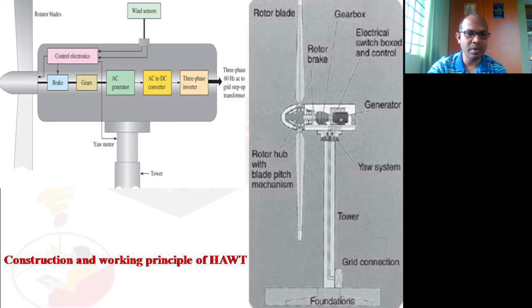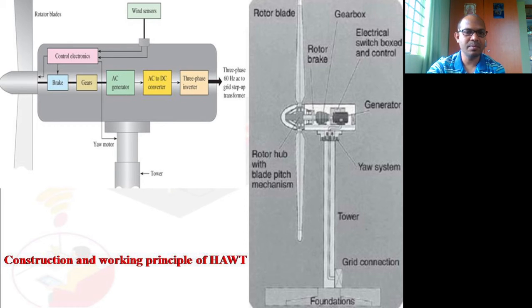The wind sensors, whether an anemometer or something else, will always be placed at the top. So this anemometer will give instructions to the control electronics, and it will also give instructions to the braking system and to the yaw movements.